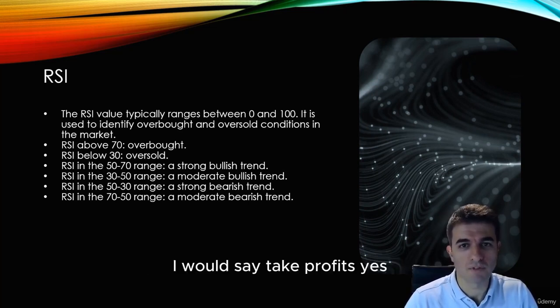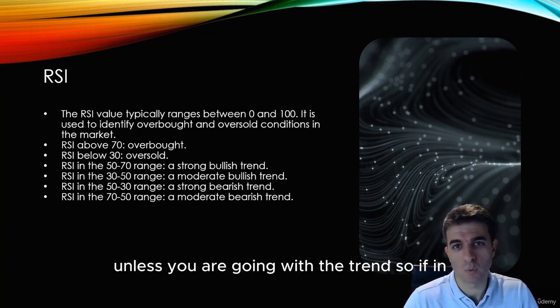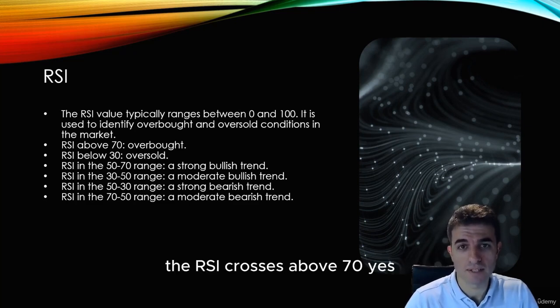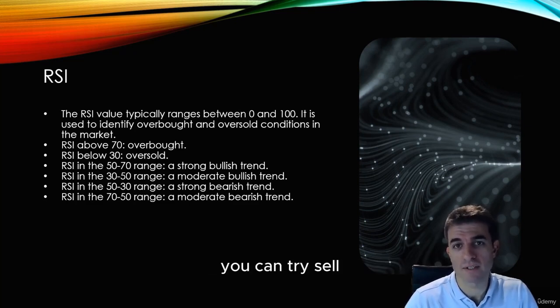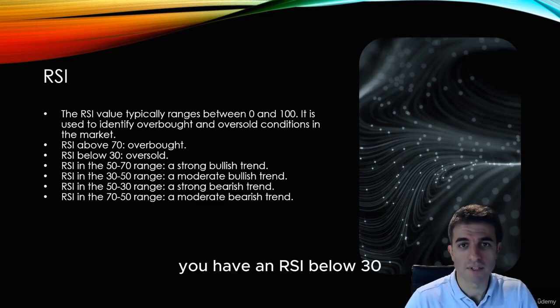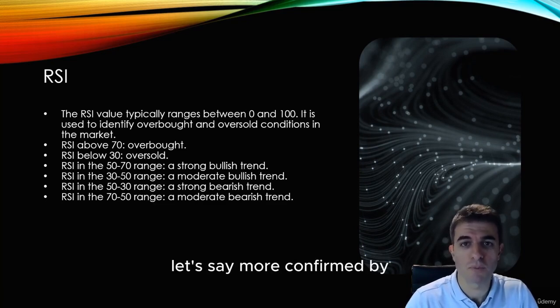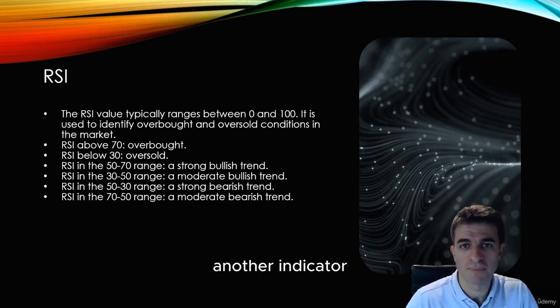I would say take profits, yes, but don't try to sell unless you are going with the trend. So if in a downtrend, the RSI crosses above 70, yes, you can try selling or taking a bearish position. And if in an uptrend you have an RSI below 30, you might want to buy. This is more confirmed by another indicator.